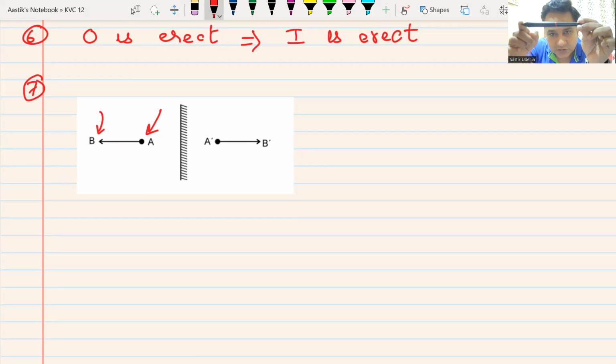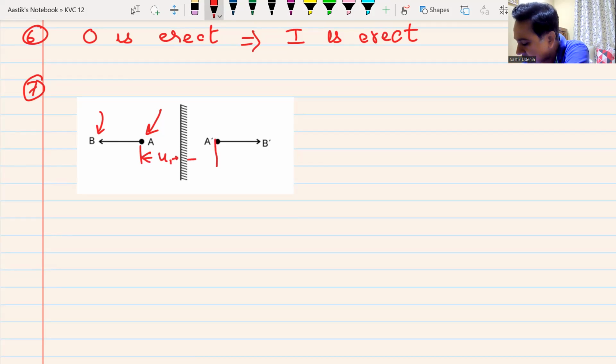bottom, top. And you can easily understand this beta because the distance of this, if I call it u1, should be same as distance of this if I call it v1. So the point which is closer, the image will be closer. The point which is further, the image would be further. Do we understand this? Yes or no?